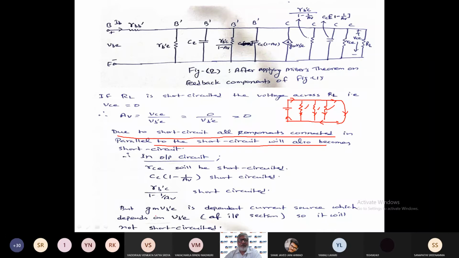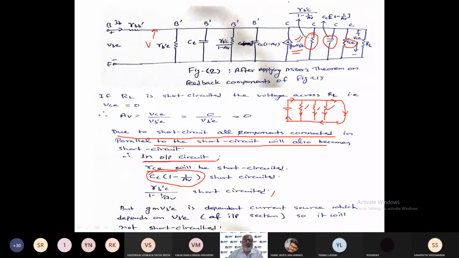So in the output circuit, RCE will be short circuited. Then this capacitor will be short circuited. Then this resistance is also short circuit, okay. But this voltage dependent current source will not short circuit, because it depends upon the voltage VB'E, which is at the input side.